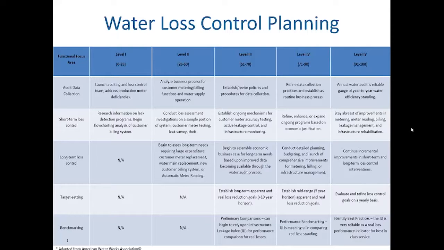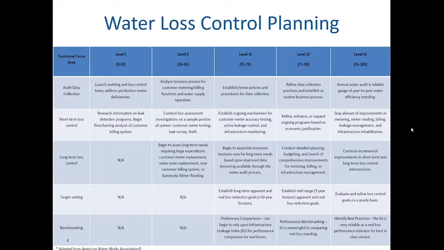That total gives the utility an idea of how confident they are overall in the water loss audit. Using this planning guide and that total score, they can identify what steps they may feel comfortable taking in setting targets and controlling their water loss.